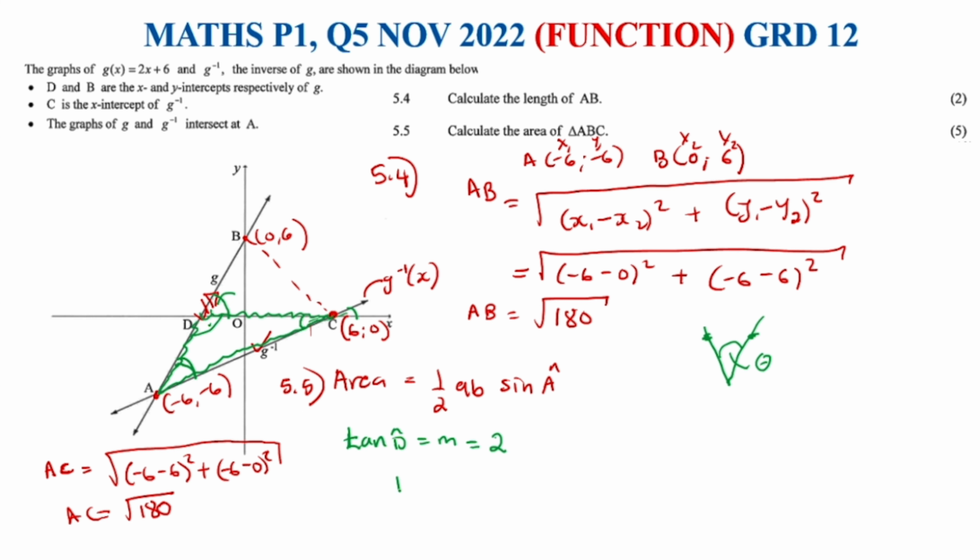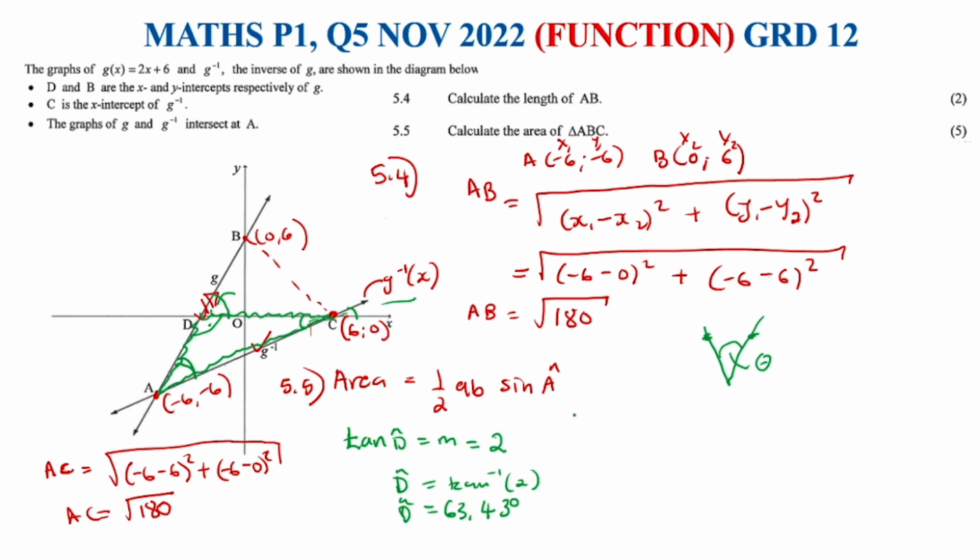So D therefore would be tan inverse of 2. If you go in your scientific calculator and say second function tan 2, you should be able to get that D will be equal to 63.43 degrees.